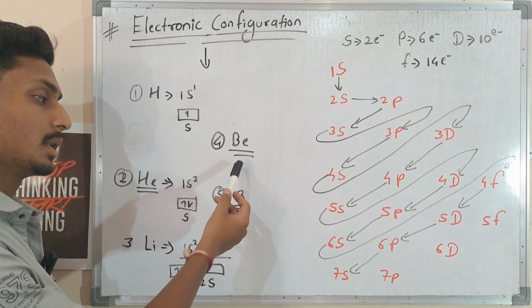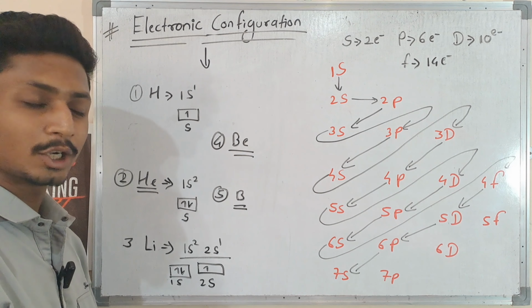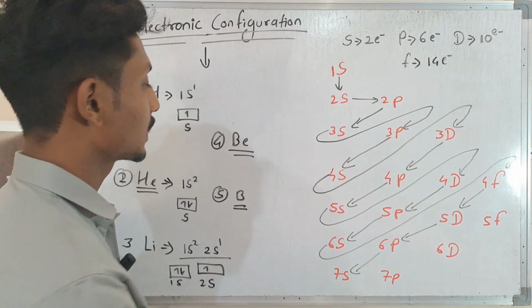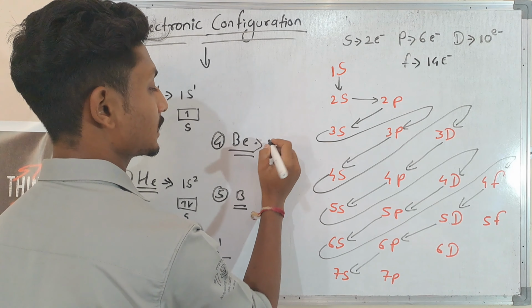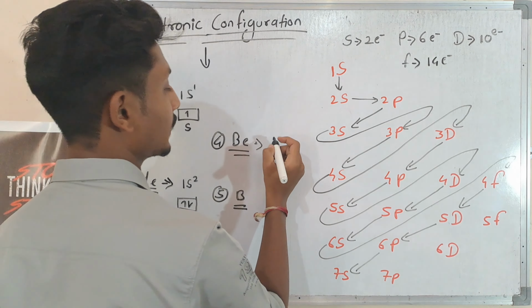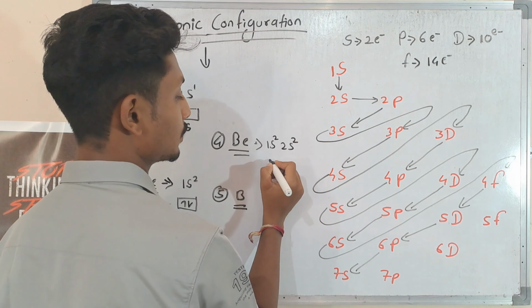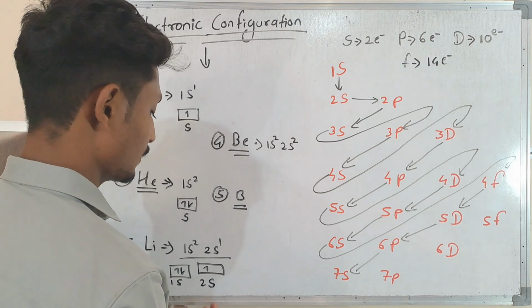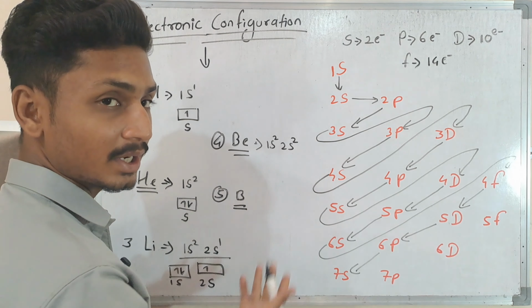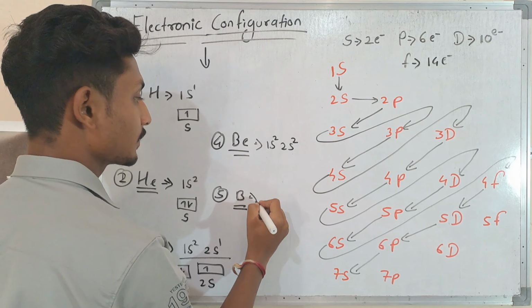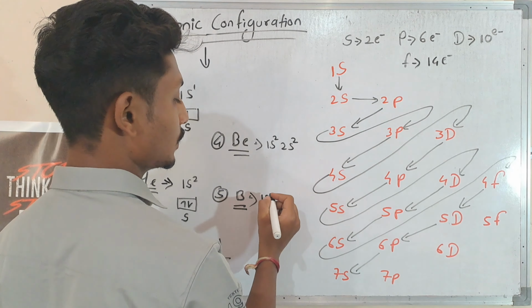Hydrogen, helium, lithium, beryllium, boron. Beryllium has atomic number 4, boron has atomic number 5. Beryllium's electronic configuration is 1s2, 2s2, and the 1s orbital is full.